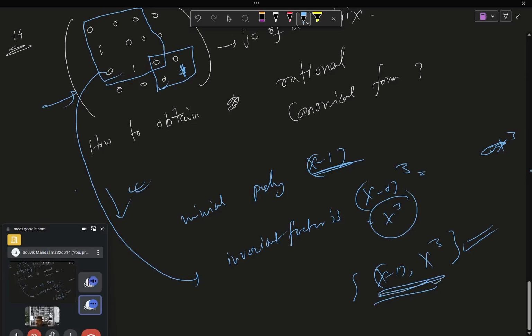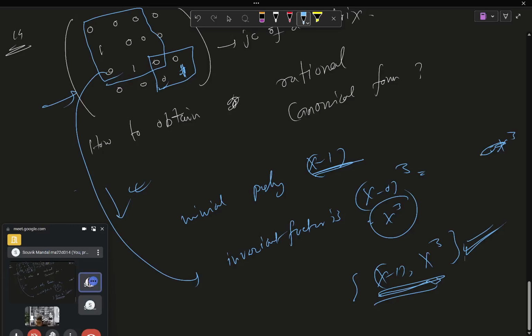The invariant factor of the bigger block is x cube, and the set of invariant factors is x minus 1 and x cube. Using this, you can construct the rational canonical form.